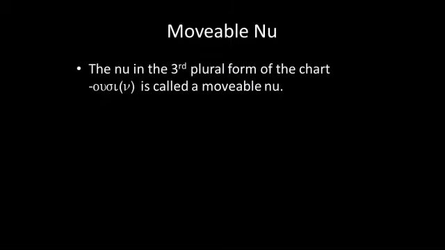Now back to this movable nu. The nu on the third plural form on the chart, the ousi with a movable nu, that nu in parentheses. What do you guess a movable nu might do? Well, it might move.